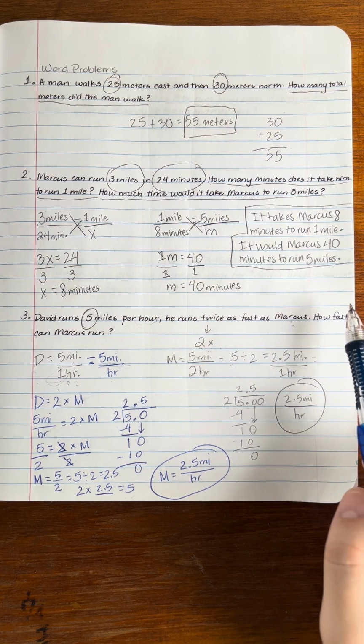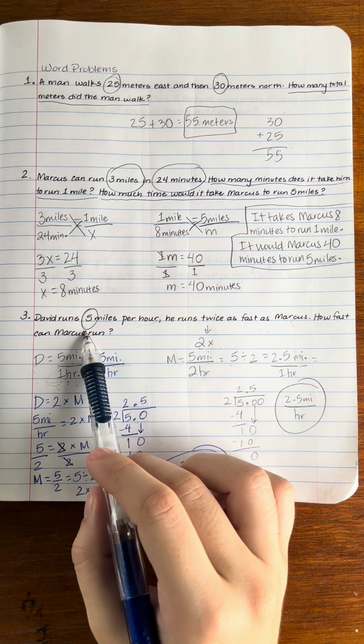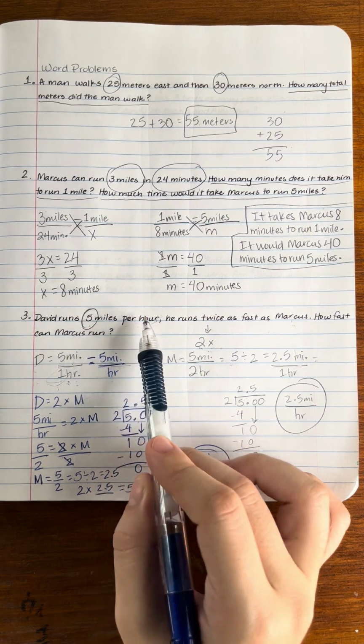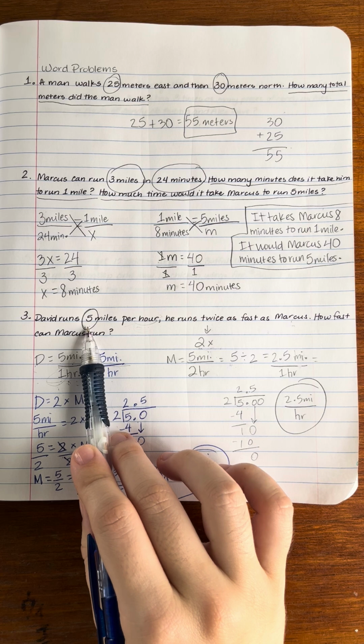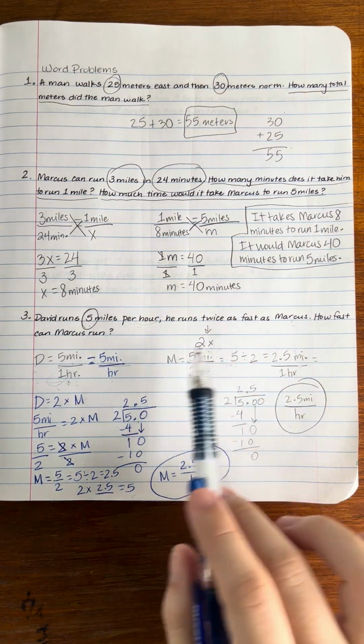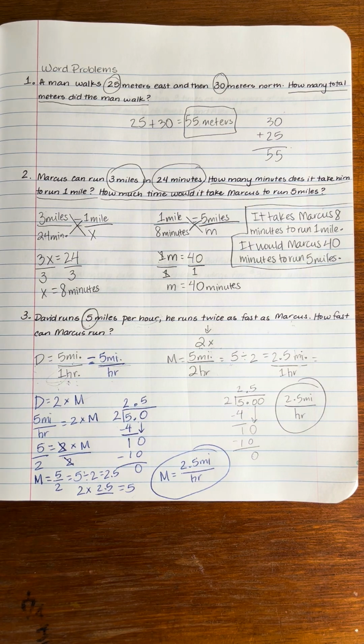So if I think about this logically, if David runs twice as fast as Marcus, David is faster than Marcus, right? So if David is faster than Marcus, he can run more miles for every hour than Marcus can. So logically speaking, your answer should be less than 5 miles per hour if we know that Marcus is slower and David is faster, okay?